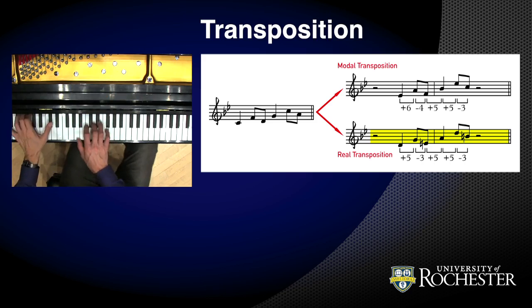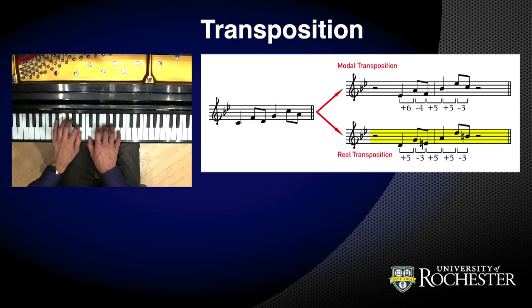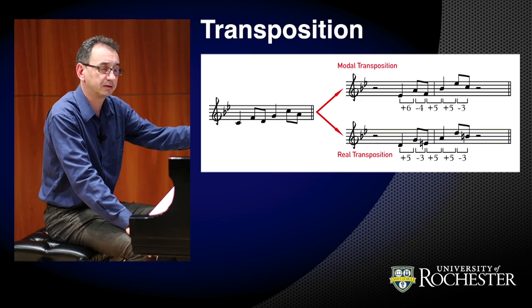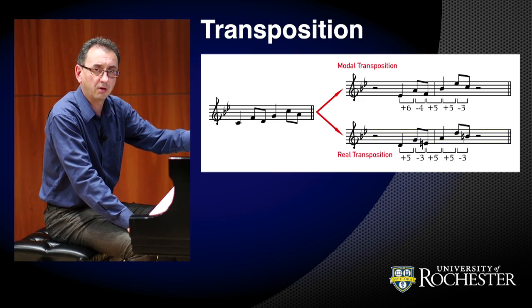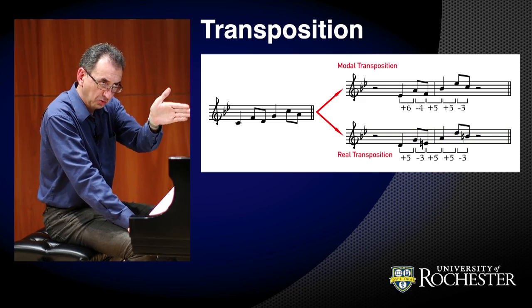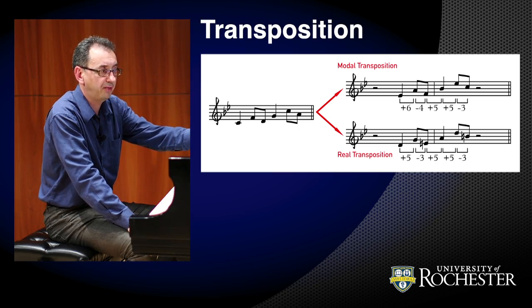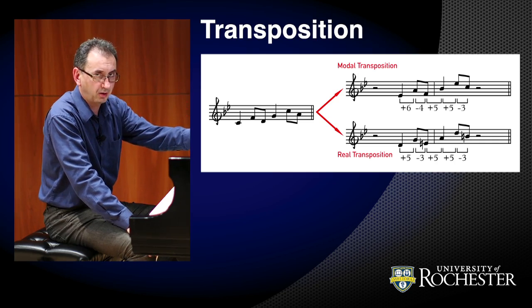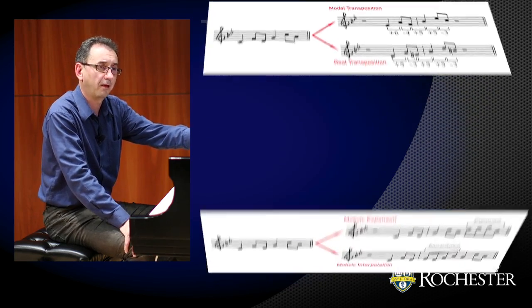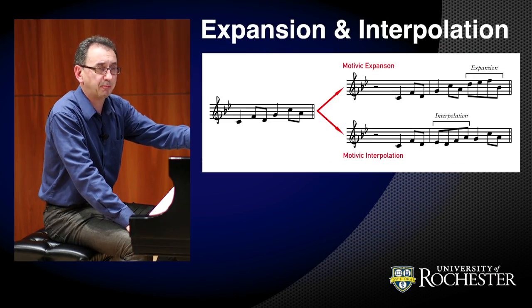So if we are in C Dorian, right, real transposition introduces chromatic notes. That's a very nice way of dealing with chromatic content of your lines. You preserve the contour of your original motive and then introduce chromatic pitches in keeping with the original intervallic content of the motive.